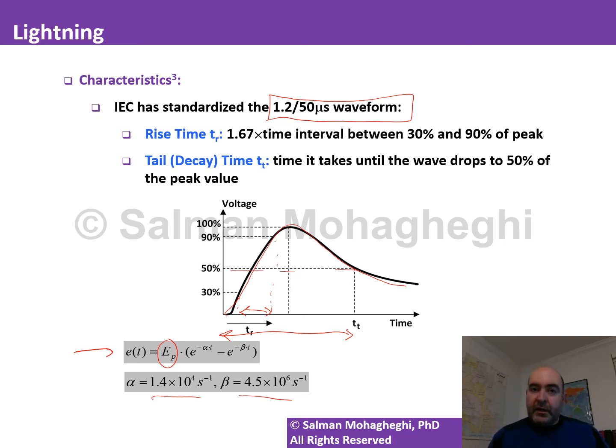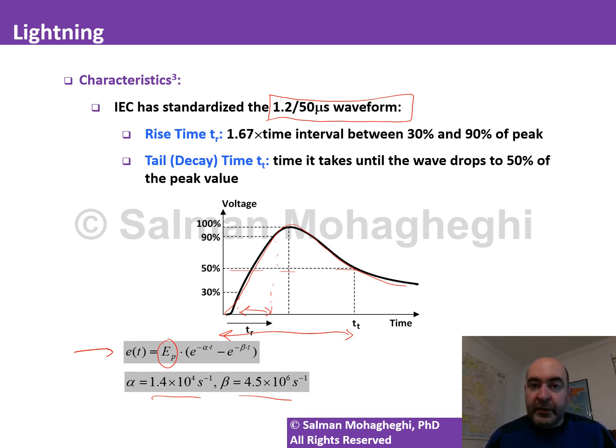The one thing that you have to keep in mind though, for the actual lightning, it's possible to have a much quicker rise time, and it's also possible for the lightning to have longer durations. So if an equipment passes the insulation test for 1.2/50 microsecond waveform, that does not give us any guarantee that that equipment can withstand any actual lightning in the field.